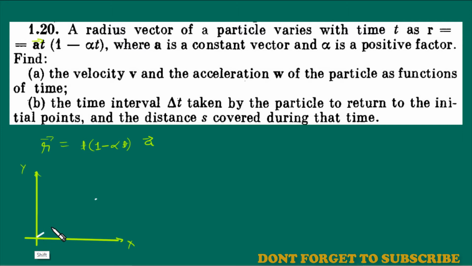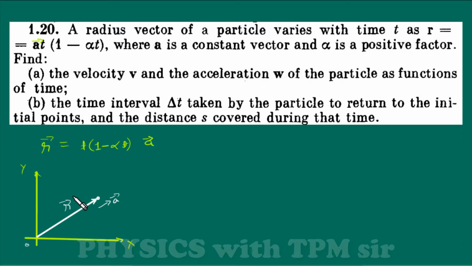So the position vector of the particle can be shown as this, and the particle's position with respect to origin is in the direction of this vector a. So vector a is in this direction only.